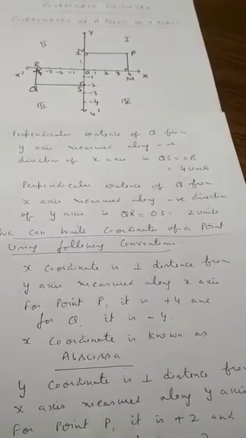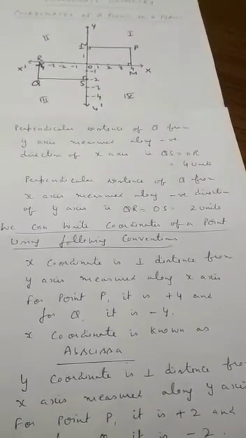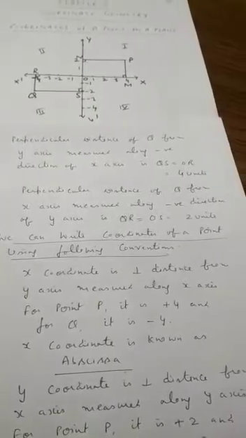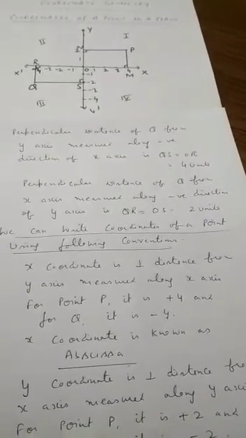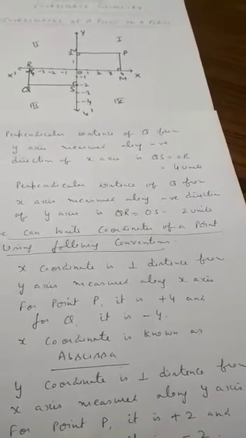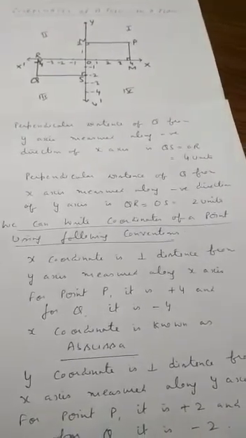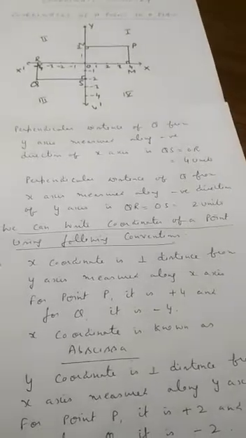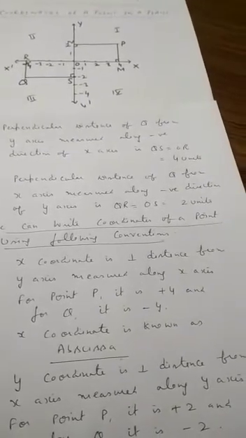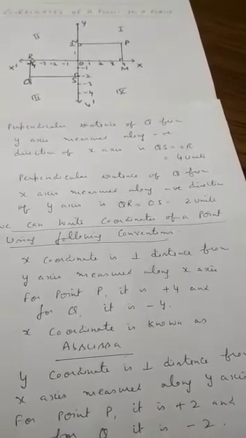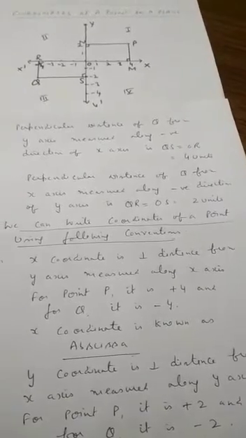And the y coordinate is the perpendicular distance from the x-axis, this is QR equal to OS, it is minus 2. So again, the x coordinate is the perpendicular distance from the y-axis and the y coordinate is the perpendicular distance from the x-axis.